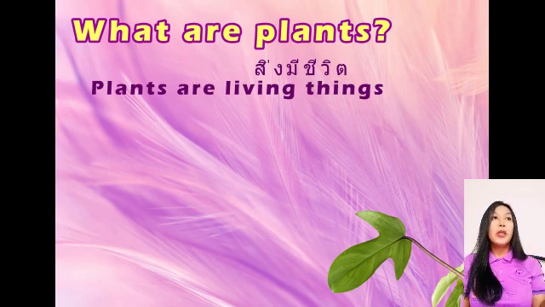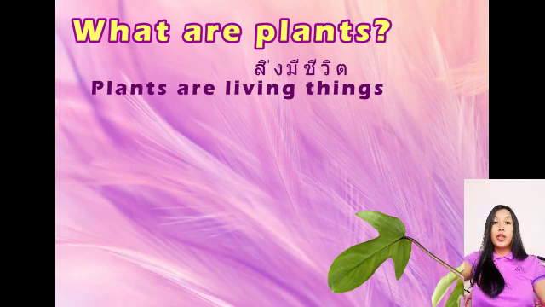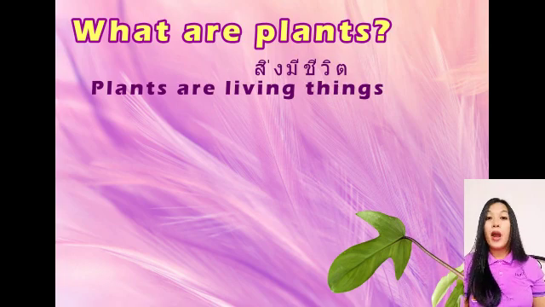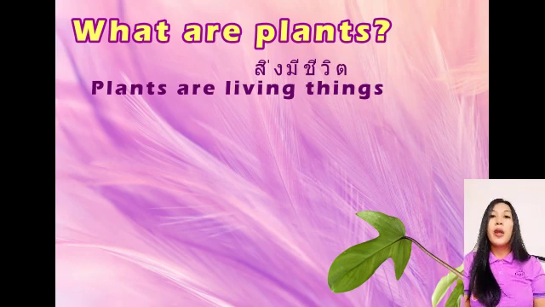So they reproduce, they create new offspring, they grow from a small plant to a bigger plant to a tree. Next, they are dependent on the environment. They need the right amount of temperature, water, air, and also they respond to stimuli.